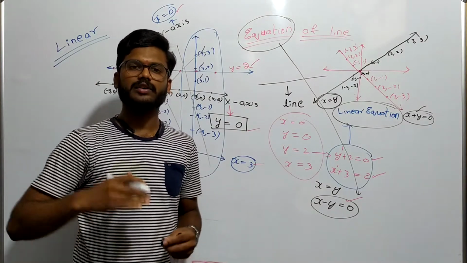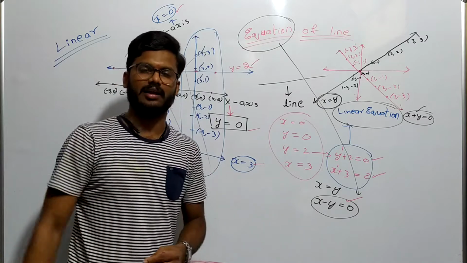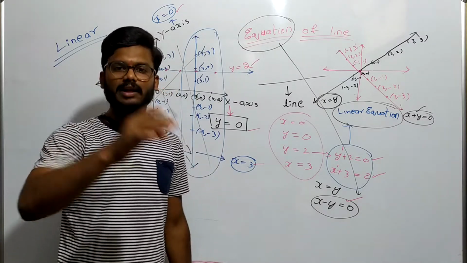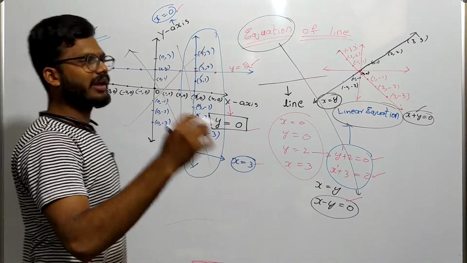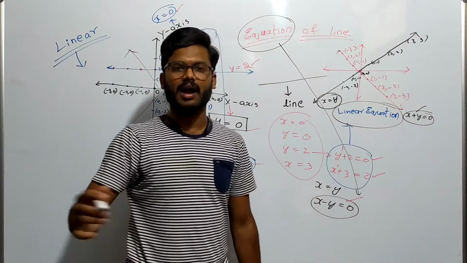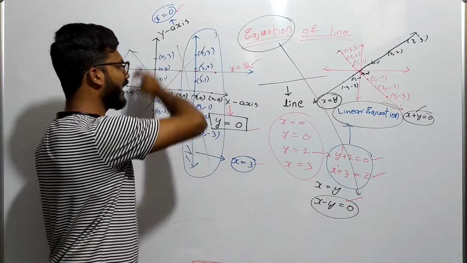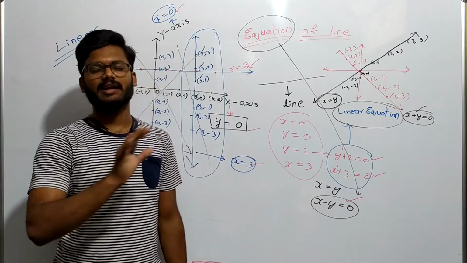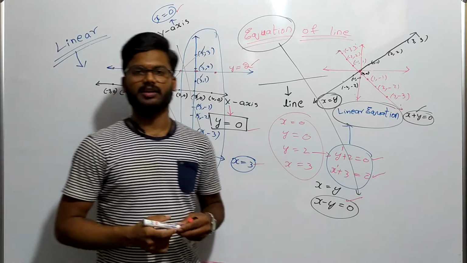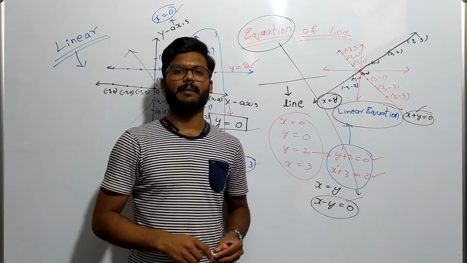In English, if you see the meaning of linear in the dictionary, you can find: which forms a line. So linear equations are nothing but the equations which form a line, and the equation of a line on a graph you will get as a linear equation. This you have to keep in mind.